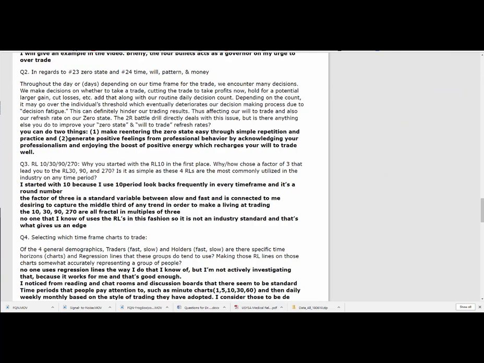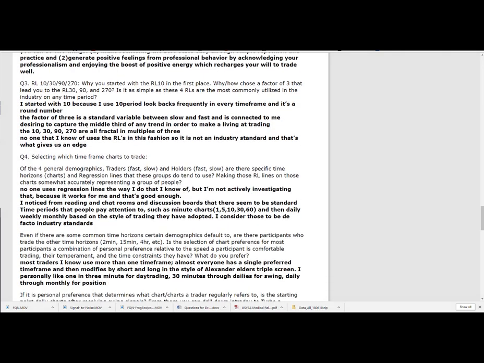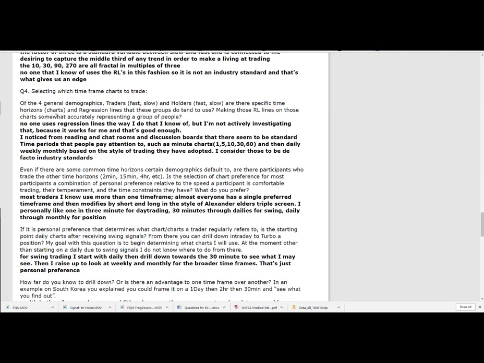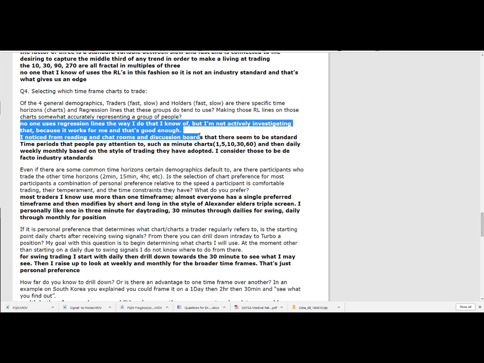The next question from Jake had to do with deciding which time frame to pick. Again, no one uses regression lines the way that I do, and I'm not actively investigating to see if anybody else is because I don't care. It works for me, and that's good enough.